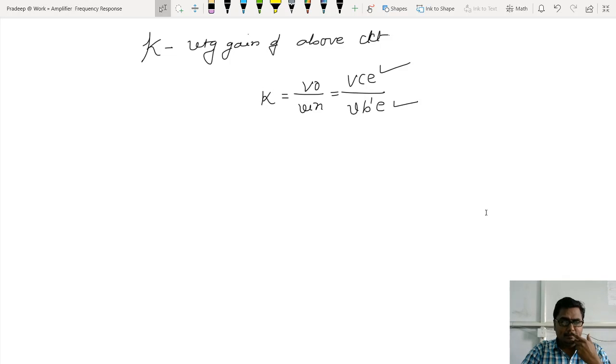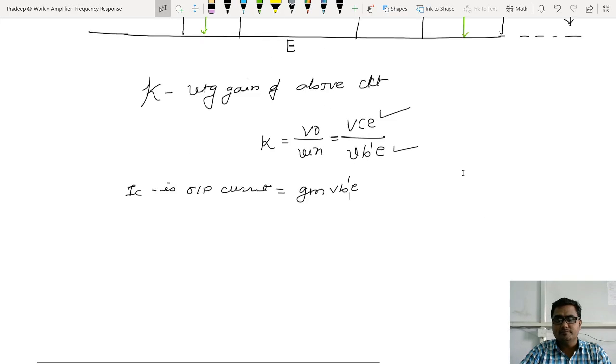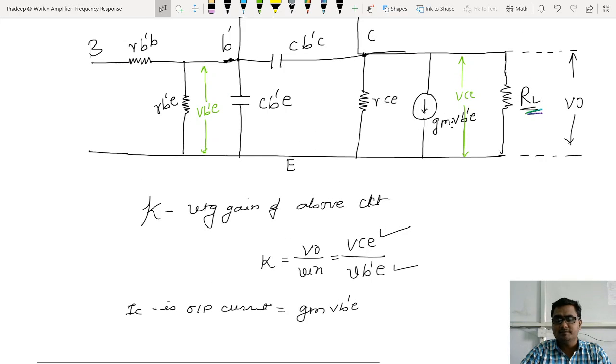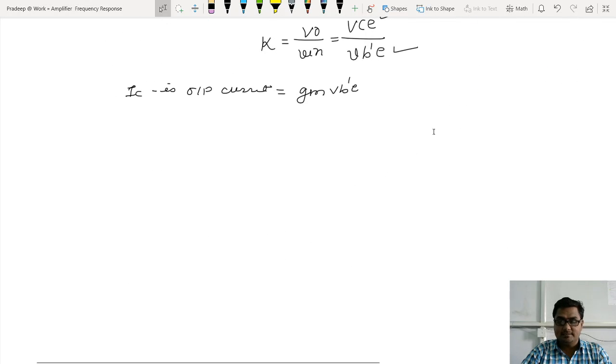But look at the output current, IC. IC is output current. And how have we mentioned that output current? The output current is GM multiplied by VB'E. Look at this output current source, GM VB'E. So GM VB'E is the output current that I am showing.